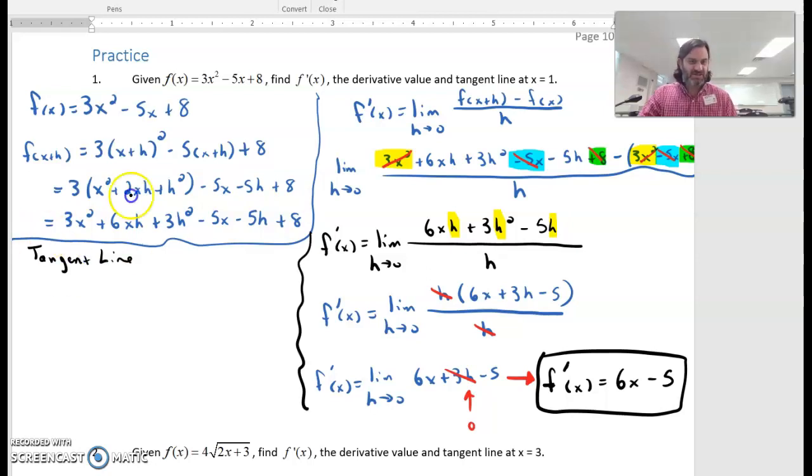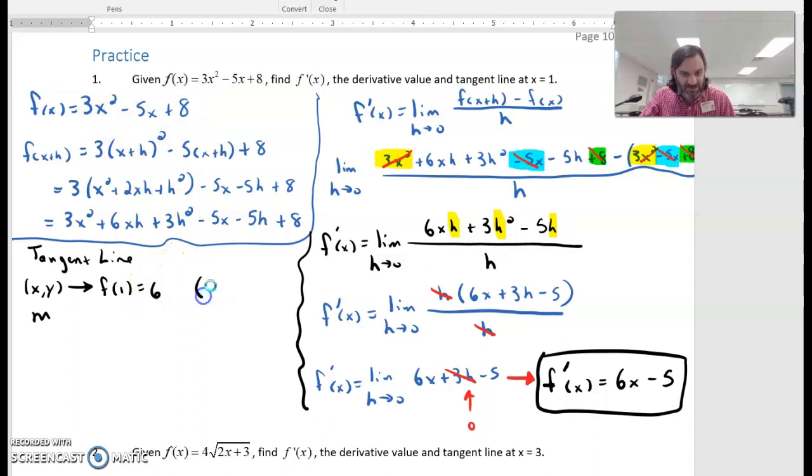So with the tangent line here, we know we need an x, y and we need an m. Where do we get these? We're given the x of 1, so we'll plug 1 into our function, which was 3x squared minus 5x plus 8. That will give me 3 minus 5 plus 8, which is 6.